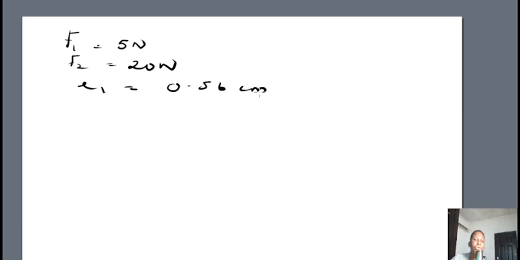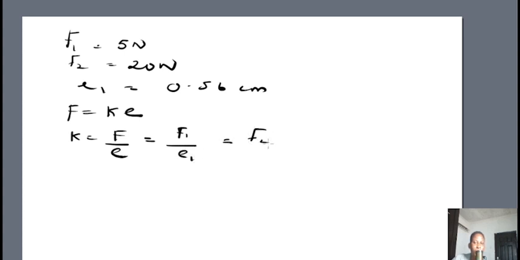Don't forget the most important formula, which is F equals KE. So K can also be equal to force over extension. So let's use this formula. We are going to have F1 over E1 equals F2 over E2. So let's put in our parameters. Our first force was 5, over 0.56, and that's going to be equal to our F2, which is 20, over our E2.